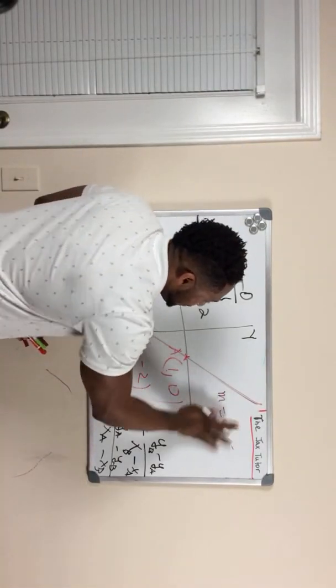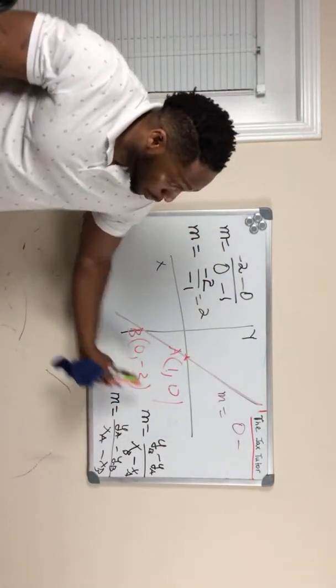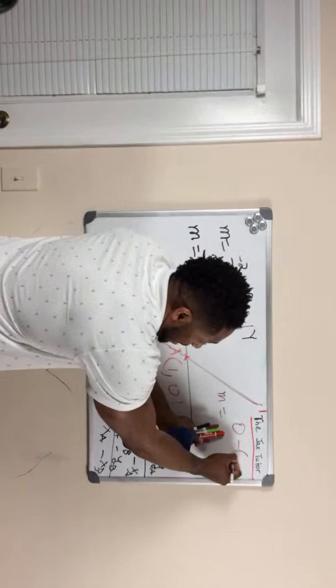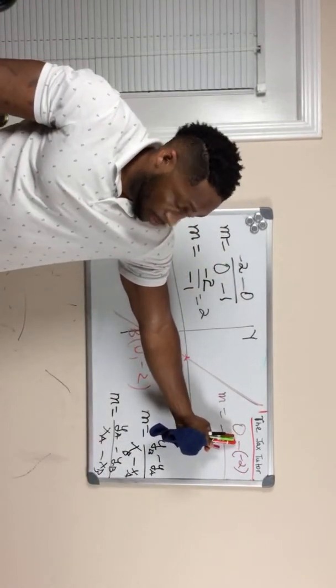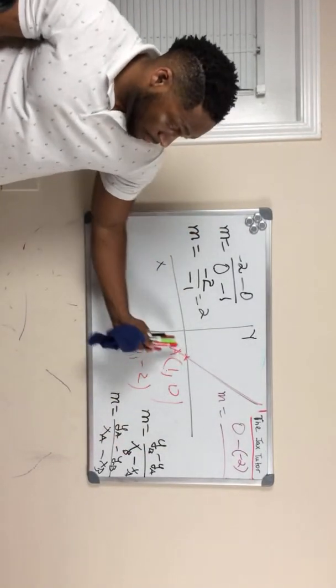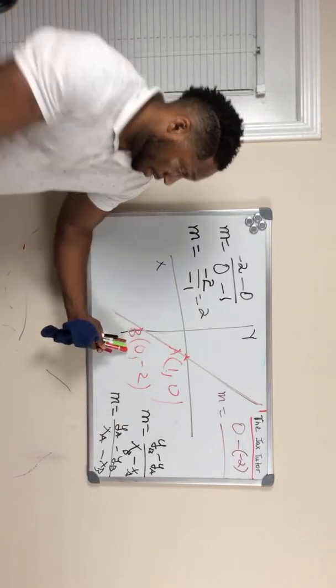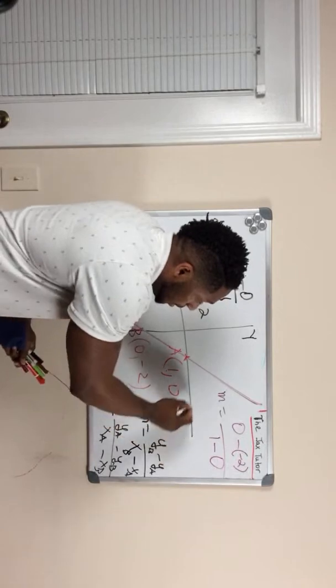The y coordinate of A is 0, minus the y coordinate of B, which is -2, so 0 minus -2. The x coordinate of A is 1, minus the x coordinate of B, 0. And you should get the same value.